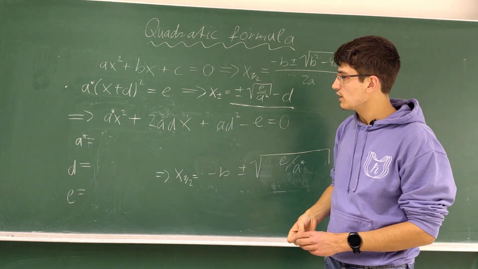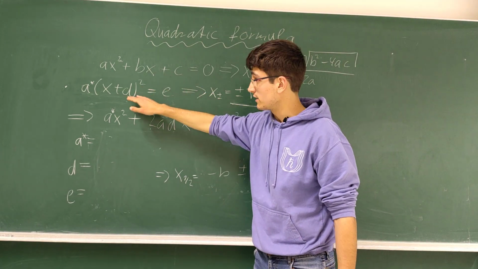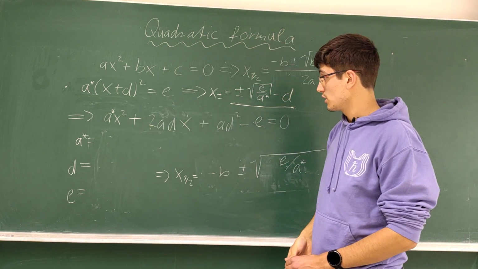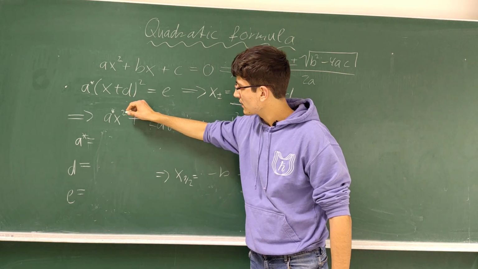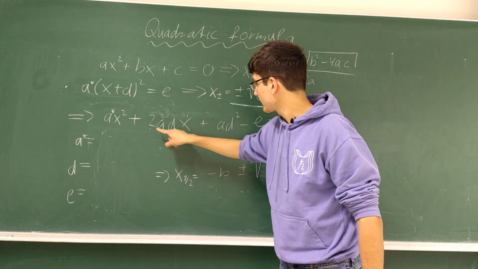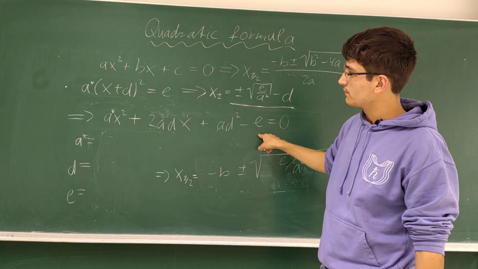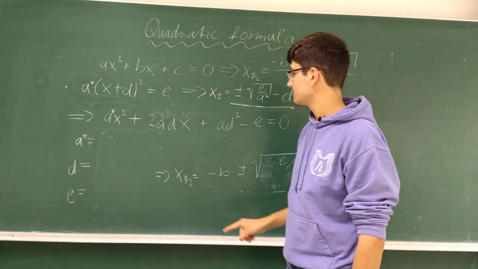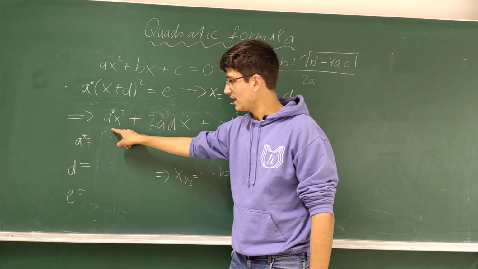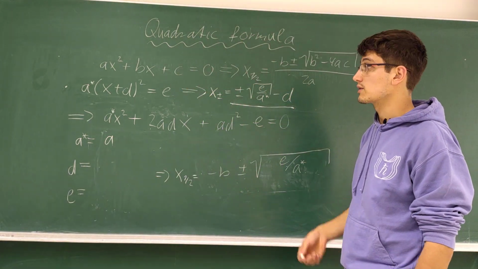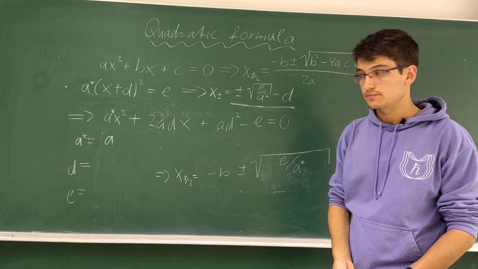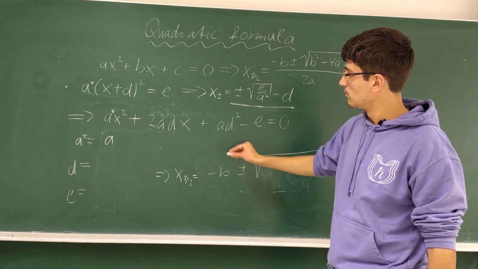To continue, we now have to identify the first form and the second form with each other. So if we multiply this bracket out, we get this form, and we also have to bring e over. Now we can see that a star is a, which is very simple to see. That's why I used this convention with a star. The other one will be a little bit more complicated.